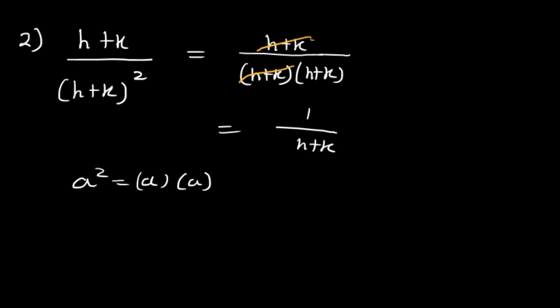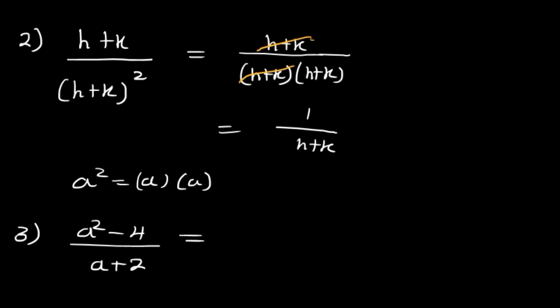Very simple. Okay, so let's try another one. We call it 3. We can have a squared minus 4 divided by a plus 2.